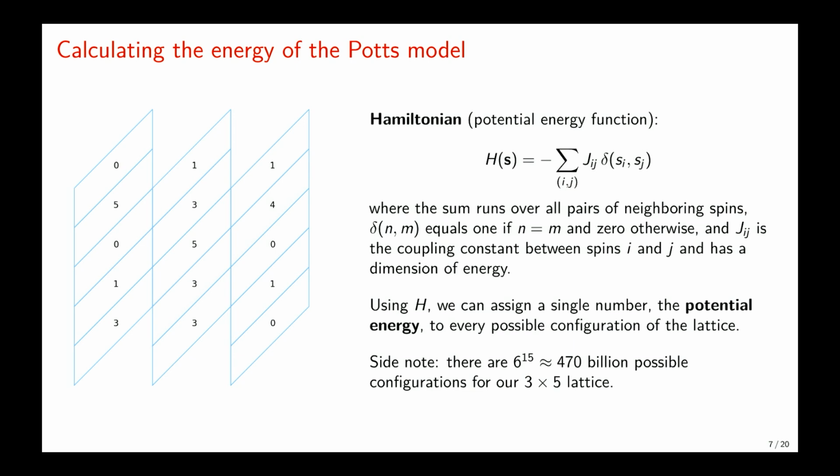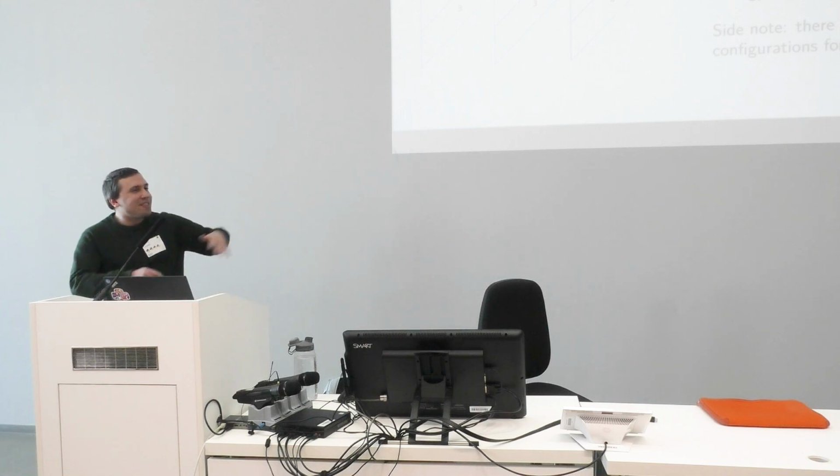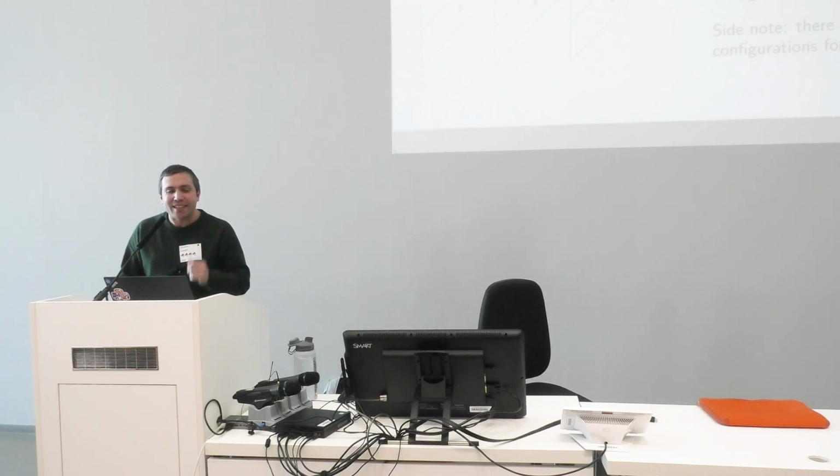Side note, just on this simple lattice here, we have already 470 billion possible configurations, which can be written down like that, which is just 6 to the power of 15. And this already gives us a hint: we can never see all the configurations. So we will only ever be able to see a small subset of all the configurations because, of course, this grows quite a bit. And if I make my system just a little bit larger, this will get larger by quite a bit.